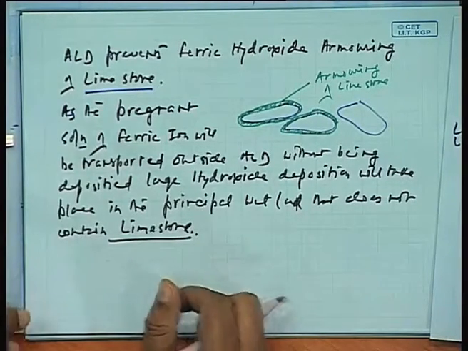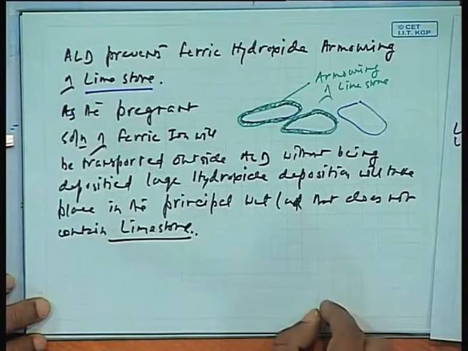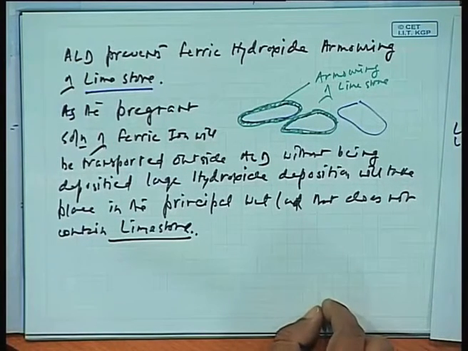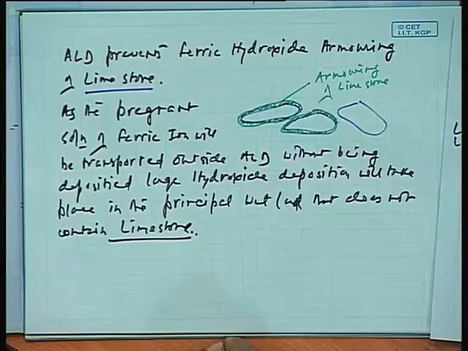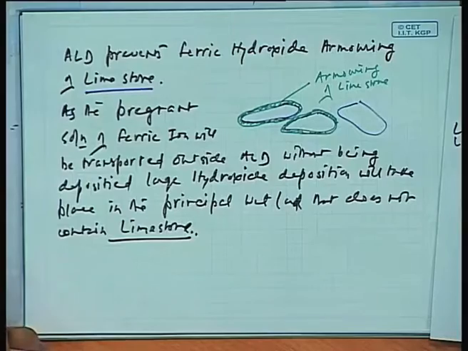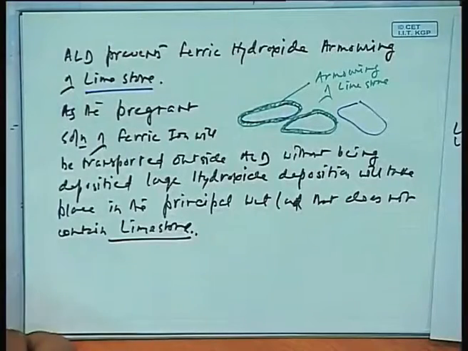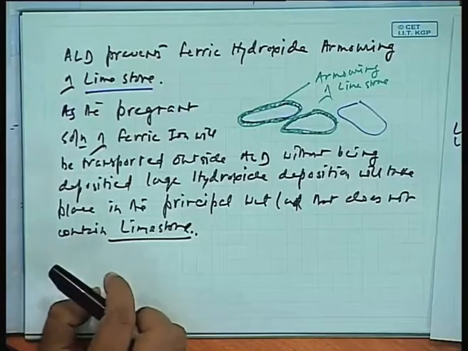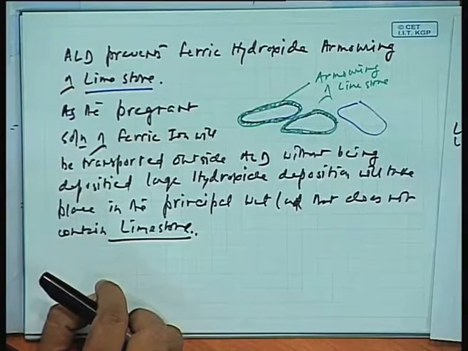So this is the polishing that takes place: the hydrogen ion generally present in acidic wastewater would be controlled with the formation of bicarbonates. As the water becomes more alkaline, ferric hydroxide deposition would not take place at all in the ALD.